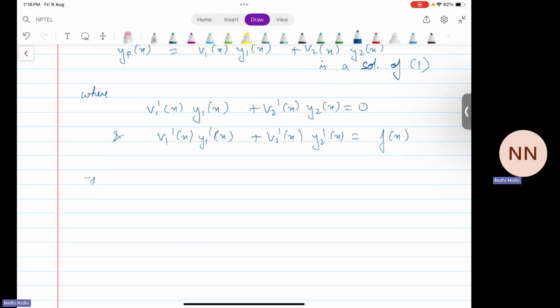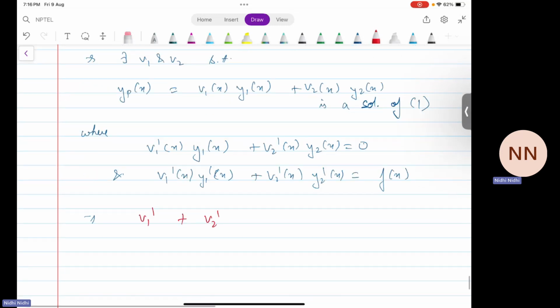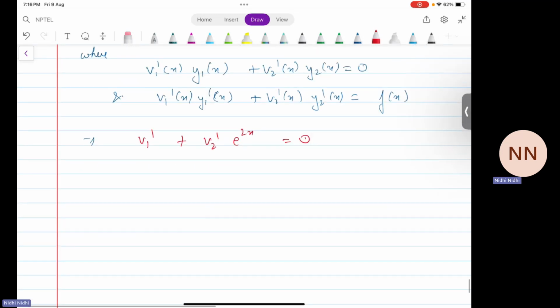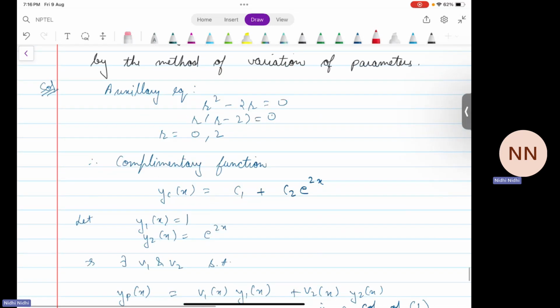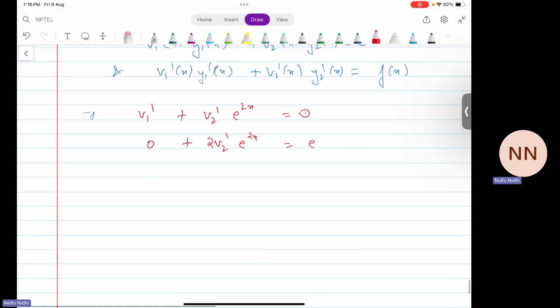So here we have v1 dash times y1, which was 1, plus v2 dash times y2, which was e to the power 2x, is equal to 0. And the second equation is v1 dash times y1 dash, y1 dash is 0, plus v2 dash times y2 dash, which is 2 e to the power 2x, is equal to fx. Fx is e to the power x cos x.